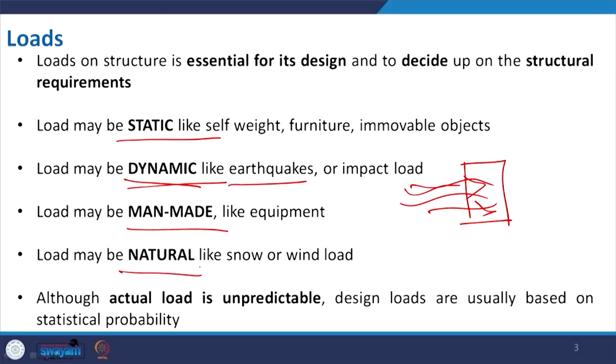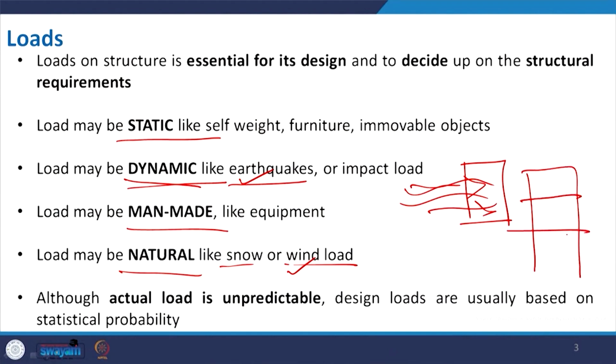Natural means, as already mentioned, some disaster like an earthquake or flood, or it may be wind load or soil load. But one thing we should understand: earthquakes and floods are not occurring each day. It is a random event which may occur any time.